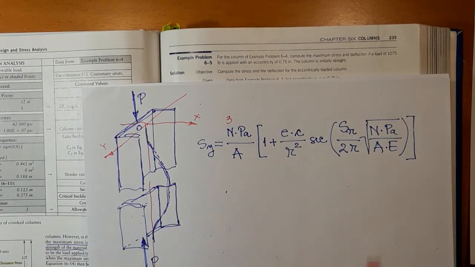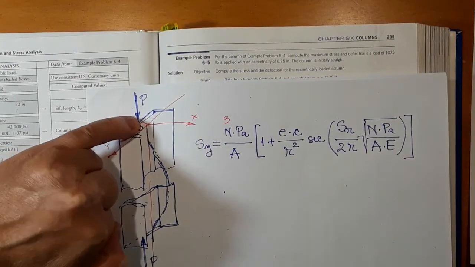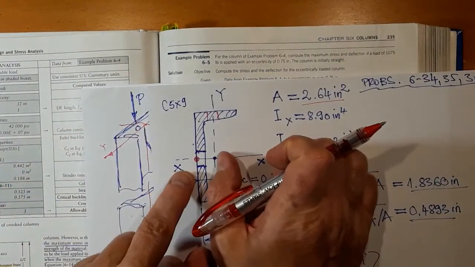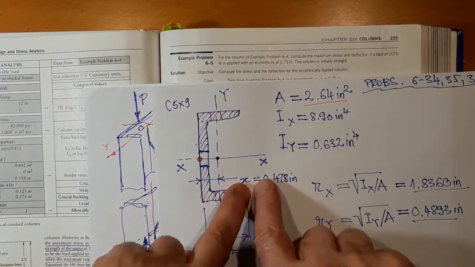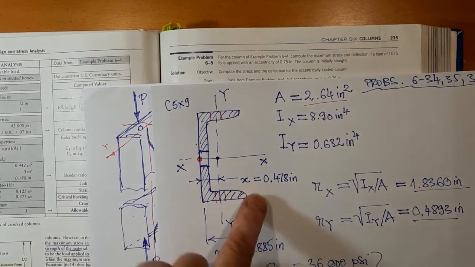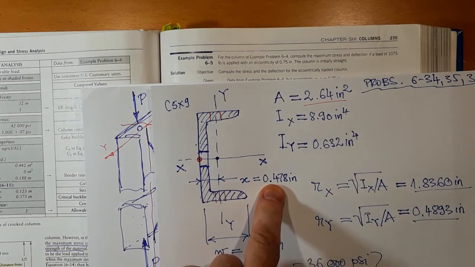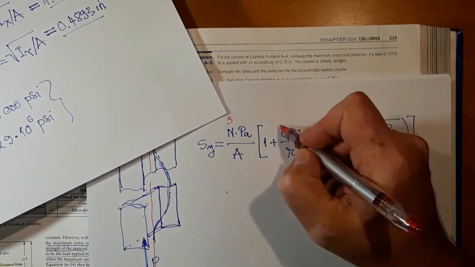E is the eccentricity from the neutral axis to where the load is applied. E is going to be our X value, what we extracted from the appendix, from the back of the book.